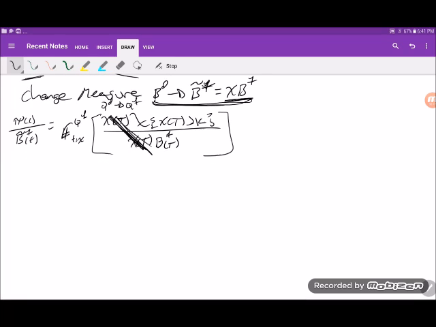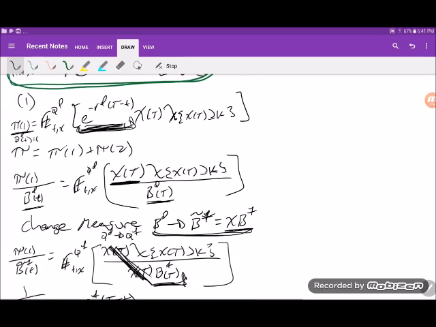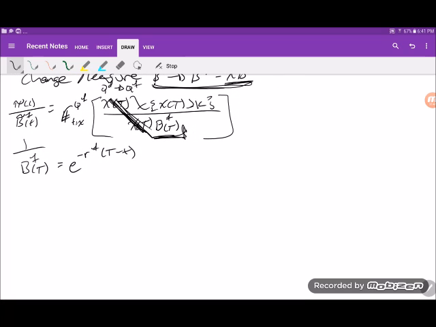Okay, so let's rewrite this. And first, let's remember a couple of things. The foreign bank account in foreign currency at time big T could simply be written as 1 over e to the negative rf, T minus t, just like we had been writing the domestic account there.